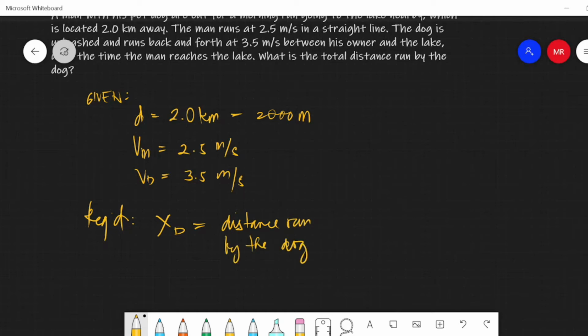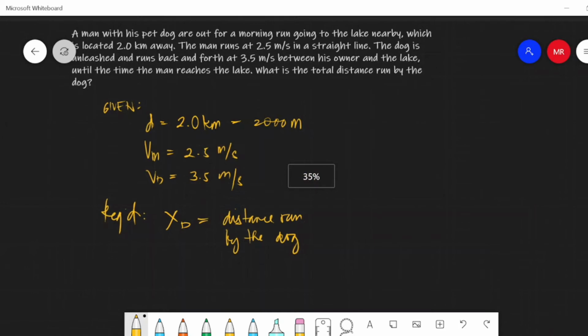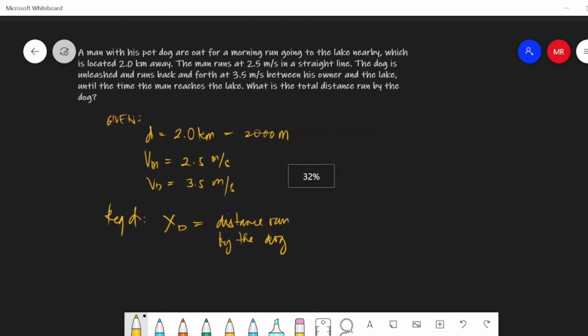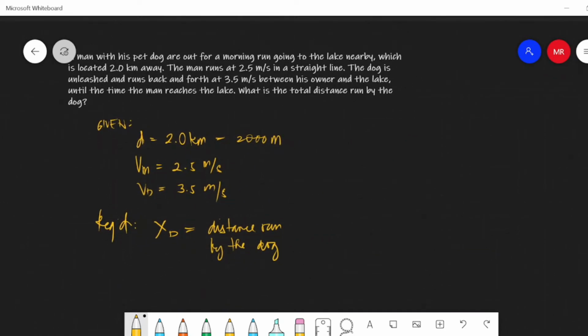If we try to analyze this problem, there are two objects involved, or two elements in consideration: the man and the dog running back and forth. Let's say this is the starting point A, and this is the lake.